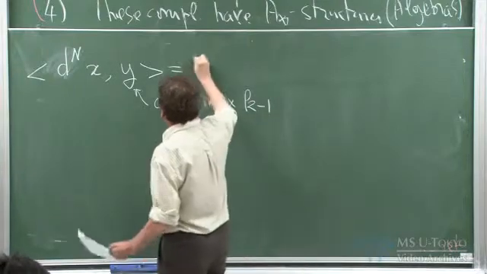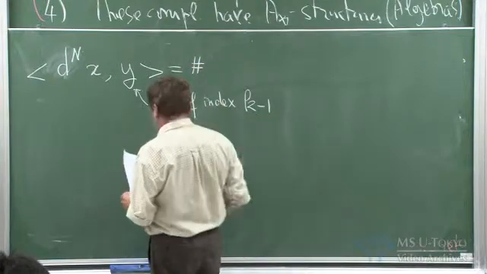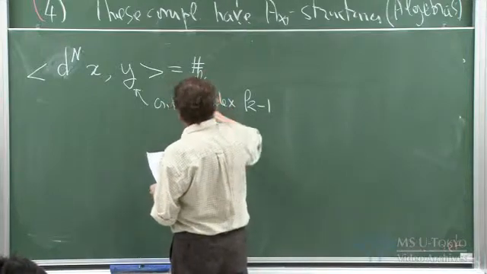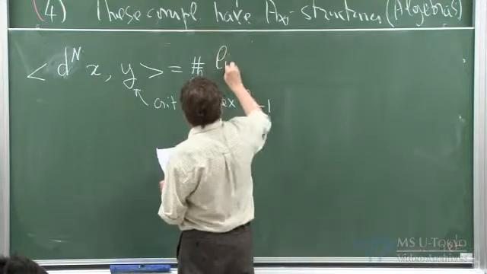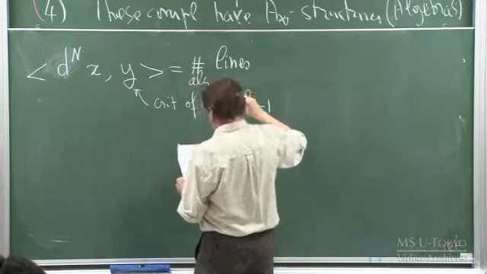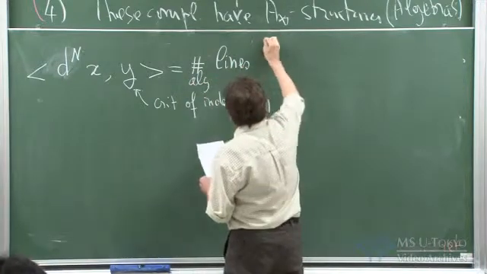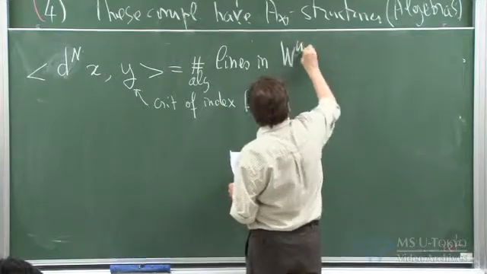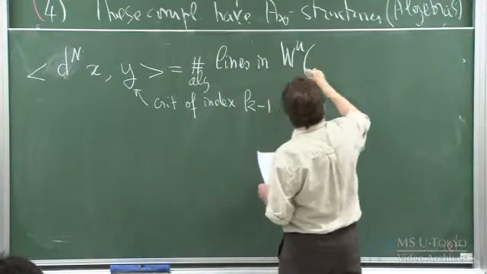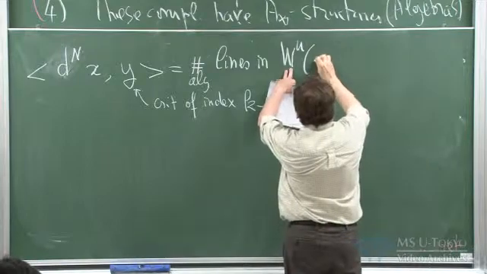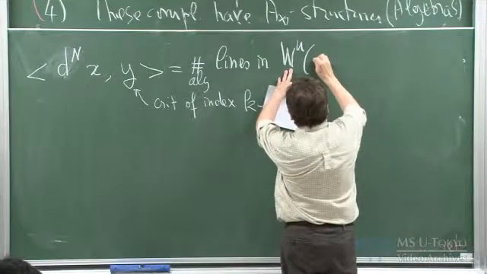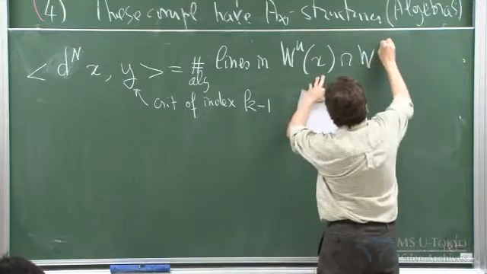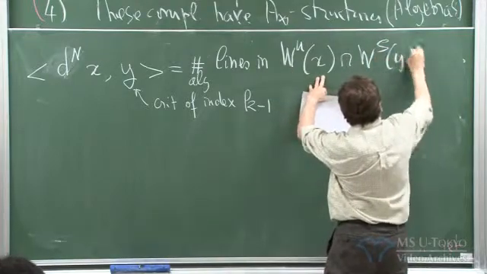And it is the algebraic sum of lines in the intersection of W^u(x) and W^s(y) locally.